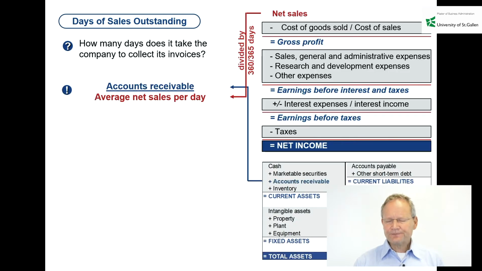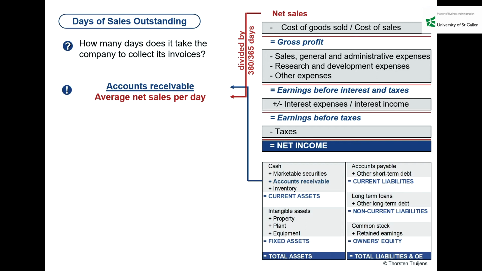The definition is relatively straightforward. You ask yourself, how many receivables do you have in your balance sheet? And you compare this to the net sales. While you compare it, it's a bit more tricky than that. Let's assume in our example here, we have net sales of $730 in a given year.